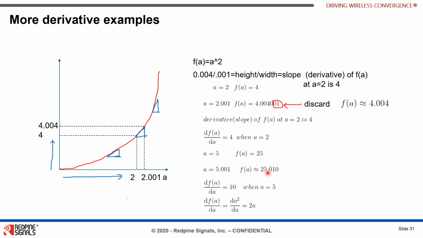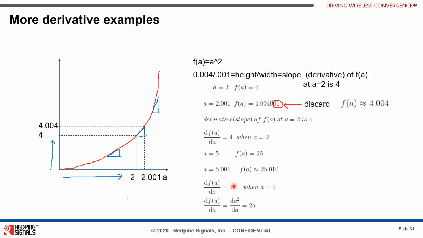So then what is the slope? 0.010 by 0.001 is 10 when a equal to 5. That is, the slope at a equal to 5 is 10. Initially we saw the slope at a equal to 2 was 4. So that means the slope is not constant. It is varying from 4 to 10.